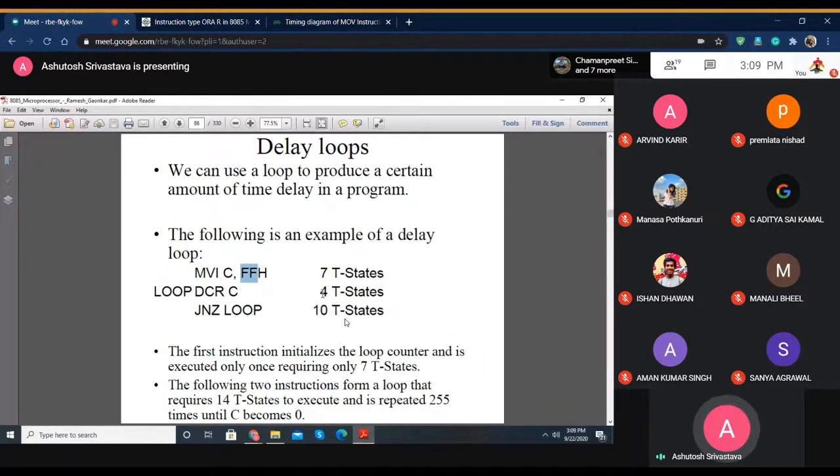So either it will be 254 into 14 plus 7, 4 plus 7, which is 11, or 255 into 14 minus 3.